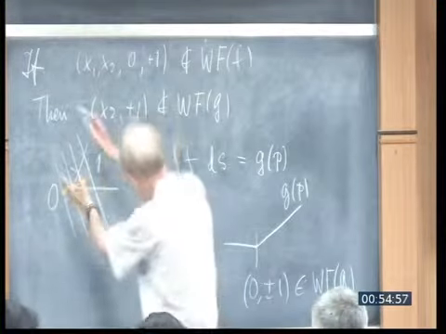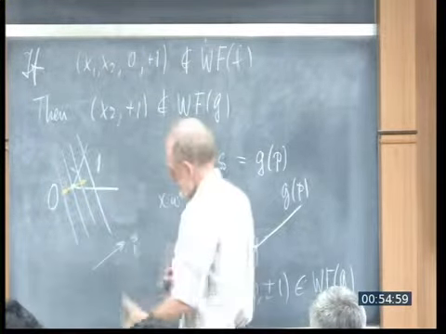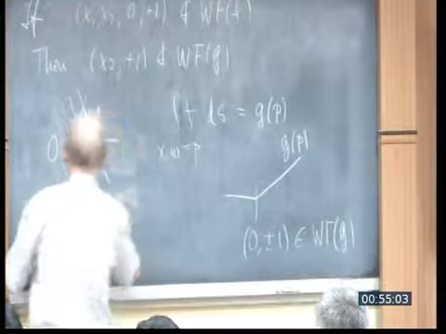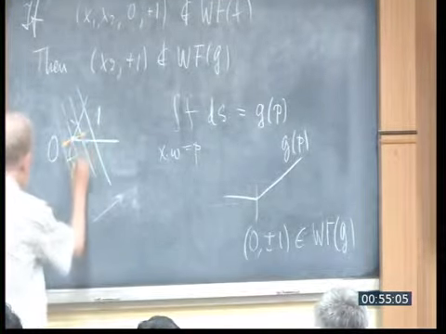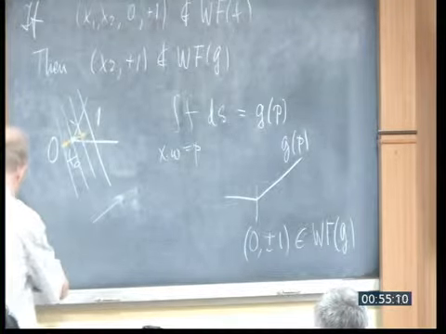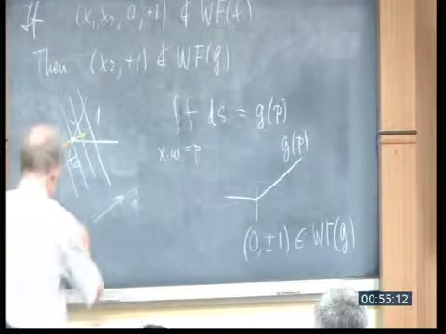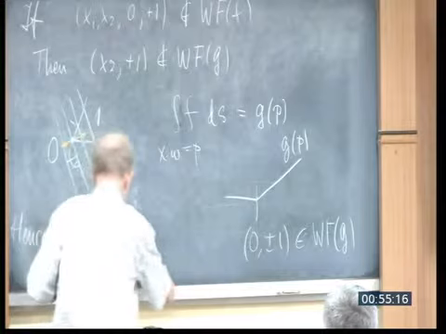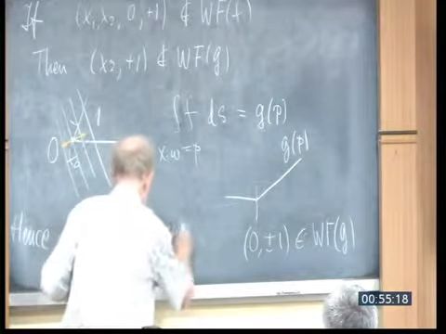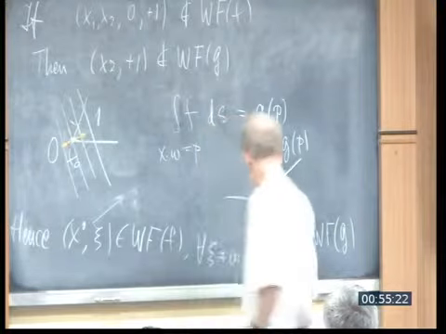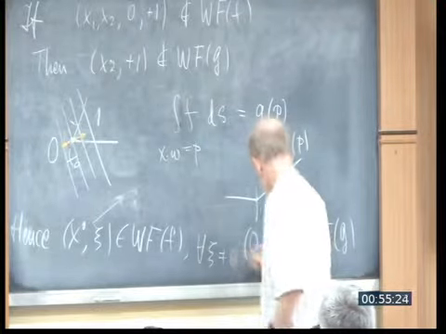So now, varying the direction of the family of lines of integration, we conclude that, say this is ω0, hence x, ξ is in the wavefront set of f for all ξ different from 0.